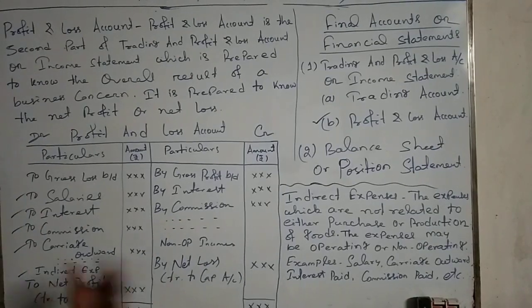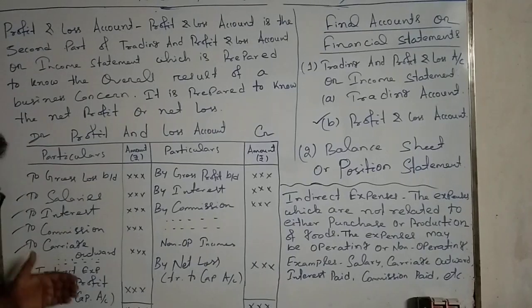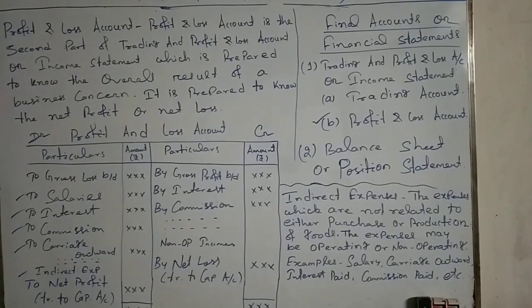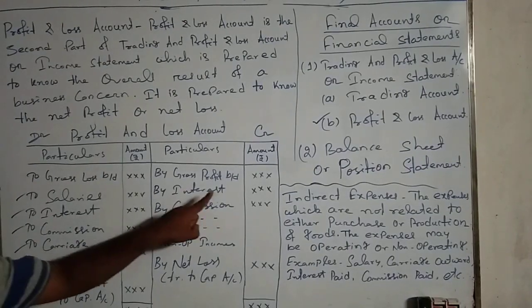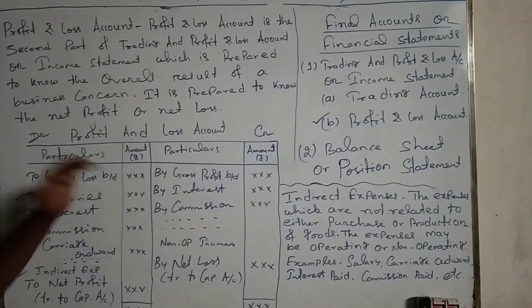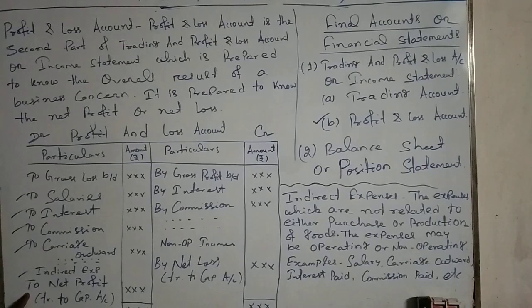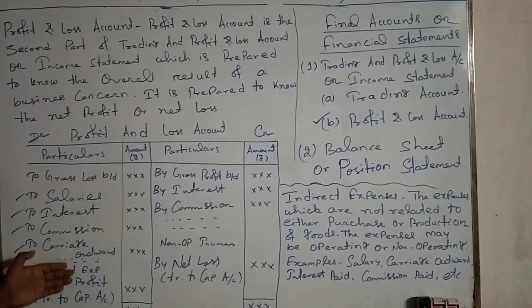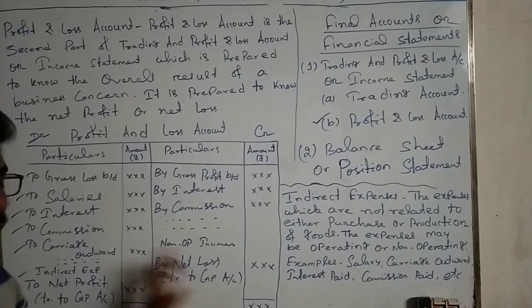So when you put all the incomes on the credit side and all the expenses on the debit side, the total of the credit side will be compared with the total of the debit side. If the credit side exceeds the total of the debit side, then that is the net profit. And if the debit side exceeds the credit side, the balance is net loss.